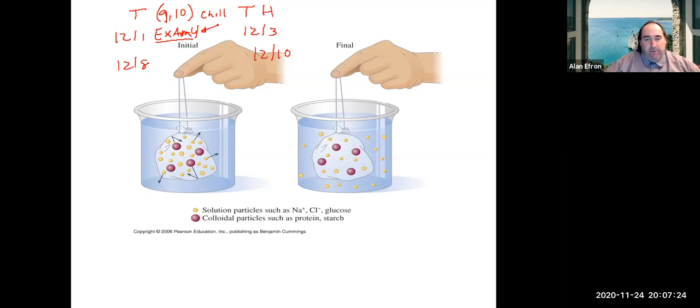We will move experiment 12, probably, and we're going to do 13 today. I'll tell you what we're going to do with that in just a second. And that leaves just one more experiment, which is experiment 14. And who knows? Maybe we'll do it, maybe we won't. We'll see where we're at at that point.